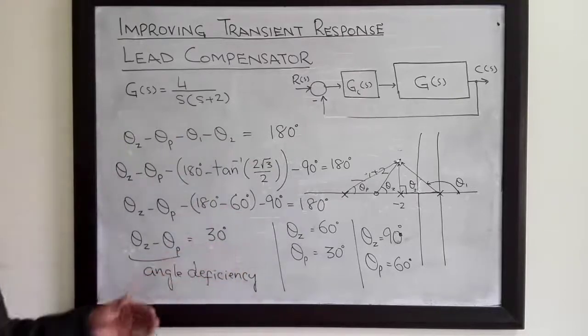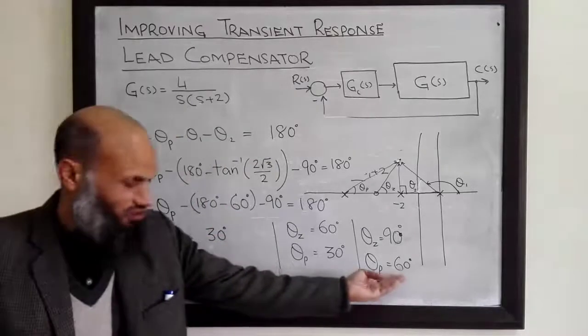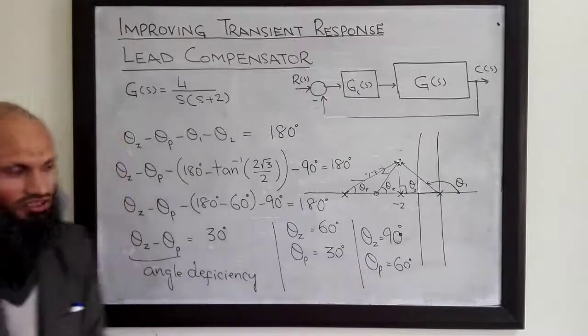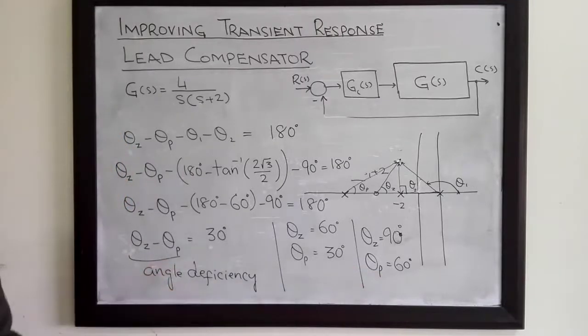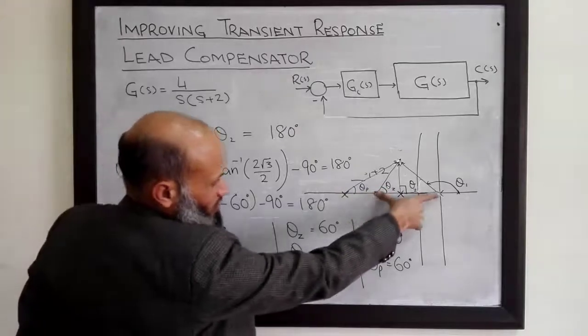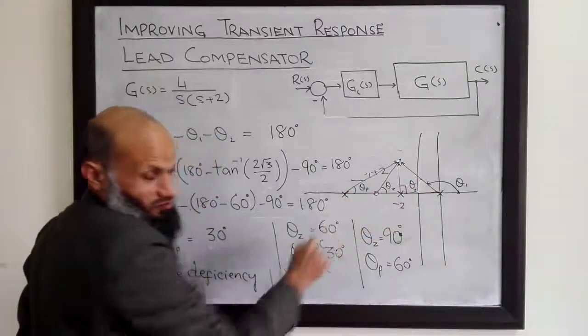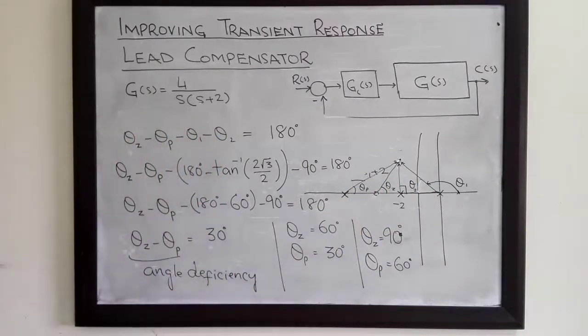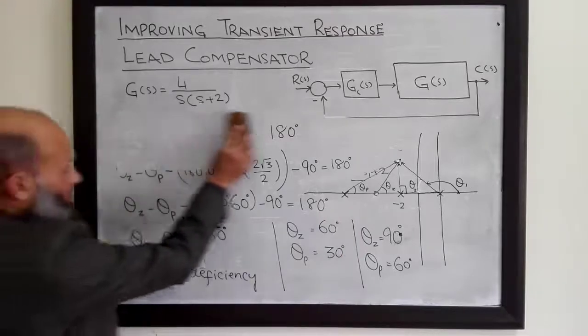So let's talk about these two choices and give a comparison between these two different choices for the compensator. Once we know these angles, the location of the 0 and the location of this pole can be easily determined. So let's do that.